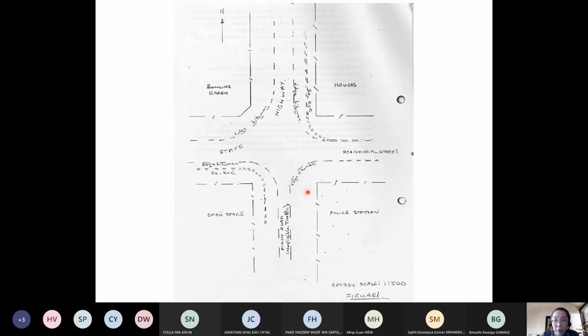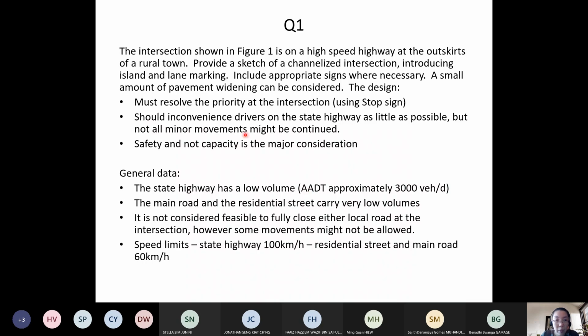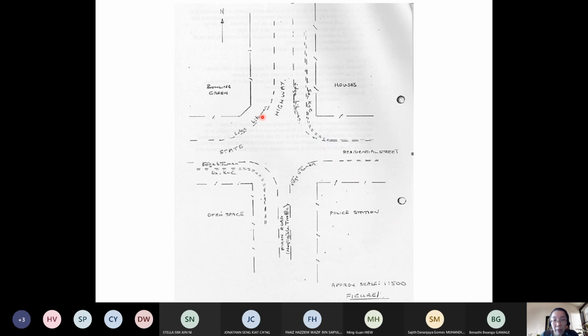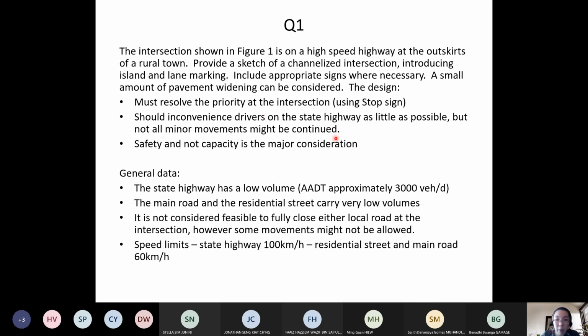And if you look at the continuation of the sentence just now, but not all minor movements might be continued. What this means is that currently, because there is no line marking, it is not clear who gets the priority, as well as which movements are allowed. Okay, so let's just assume that at the moment, all movements are allowed. But in the question, it says not all minor movements might be continued.